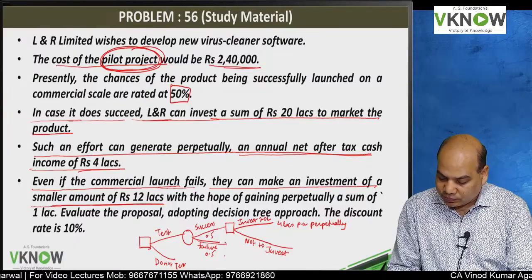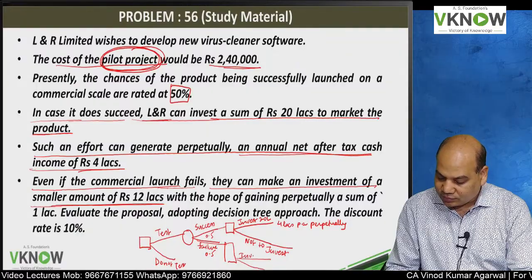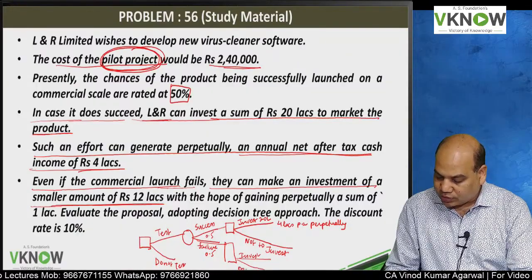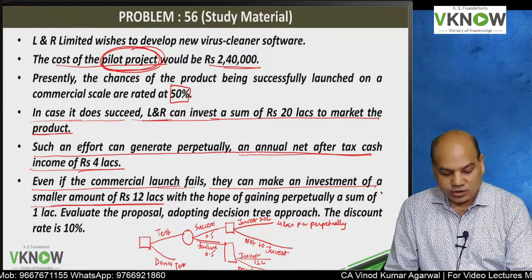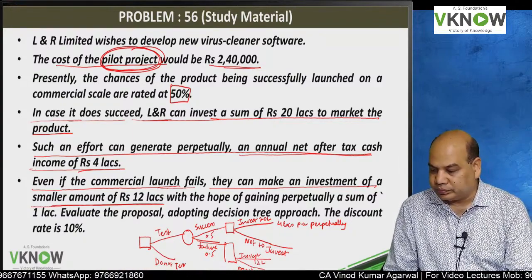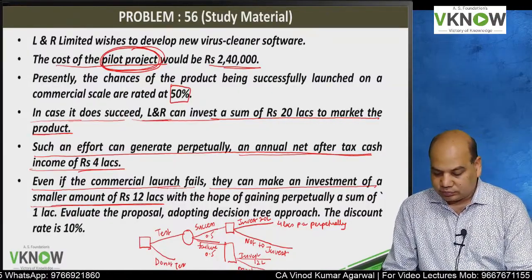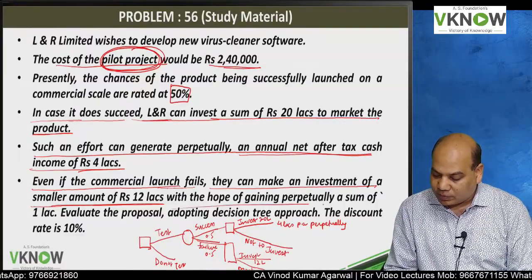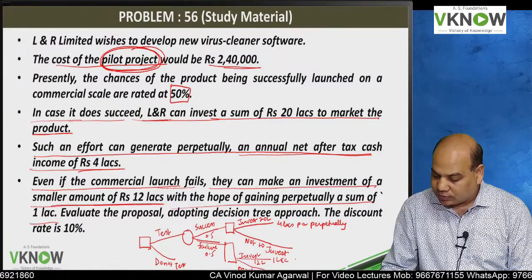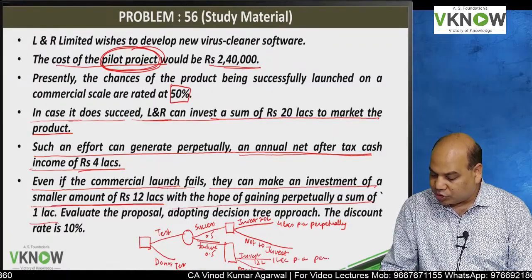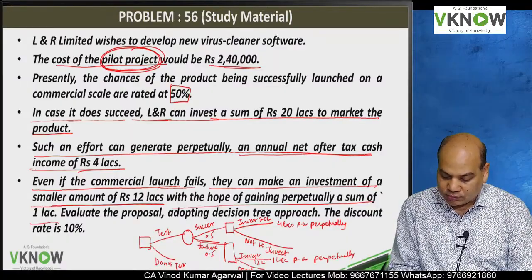Suppose it fails, then again you have to make a choice: invest, do not invest. If you invest, you will require 12 lakh. You can see the diagram in your book also, if it is not visible on the screen. With the hope of gaining perpetually a sum of 1 lakh per annum.